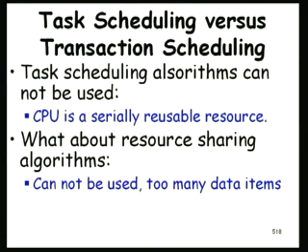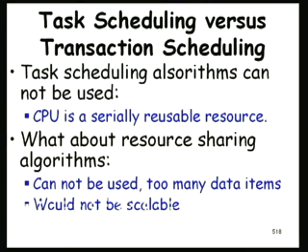But what about resource sharing algorithms in the context of task scheduling? Even they cannot be used, because what we are dealing with is too many data items, and the resource sharing algorithms in the context of tasks would become extremely complicated, because we will have to compute ceilings for various resources, and there are millions of them, and it would not be really worthwhile.